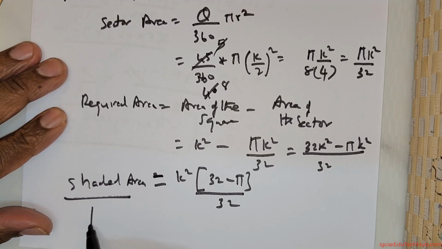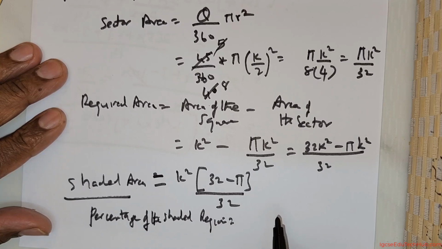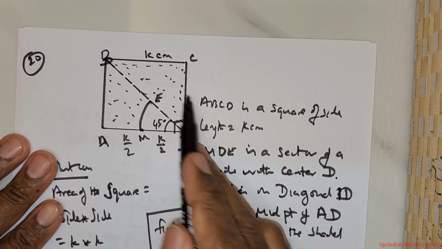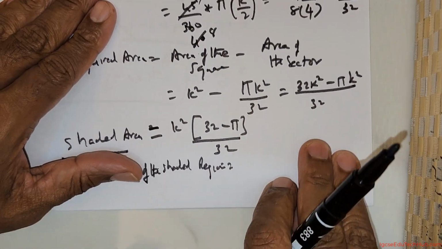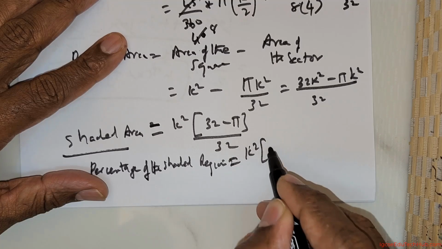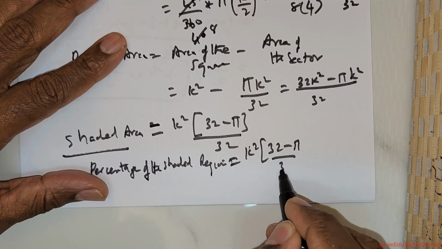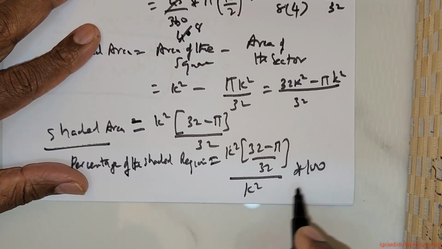So now we are asked to get the percentage. Now to get the percentage of the shaded region, this is with reference to the square, right? So to obtain that, we need to take K squared times 32 minus pi divided by 32, divided by K squared, multiplied by 100.